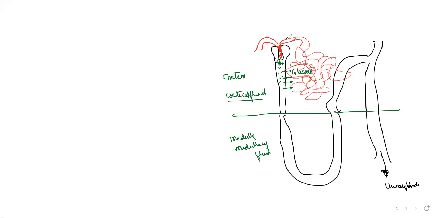Yes. Who is this? Peritubular net. So where is it going along with the vasa recta? Very good. Going to the renal vein, inferior vena cava.